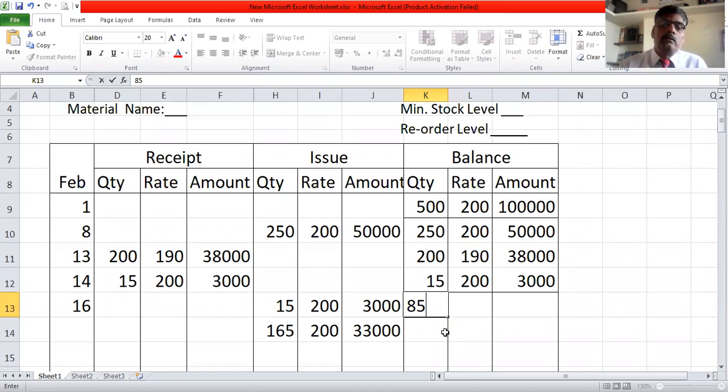Okay, I'll check. 250 minus 165, 85 is right. 85 units, rate applicable is 200, multiply this, 85 into 200 is 17,000. 17,000 is the amount from the first lot, and second lot 200 is there.